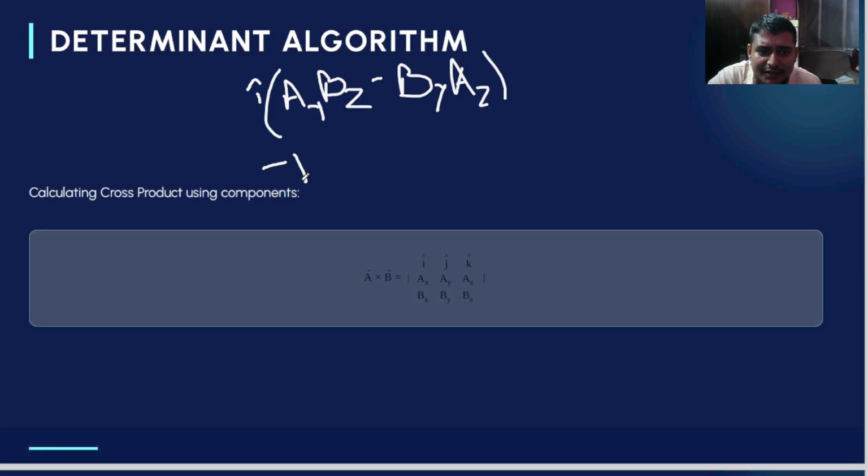Then minus j cap, again in bracket, ax bz minus bx az. And now plus k cap.